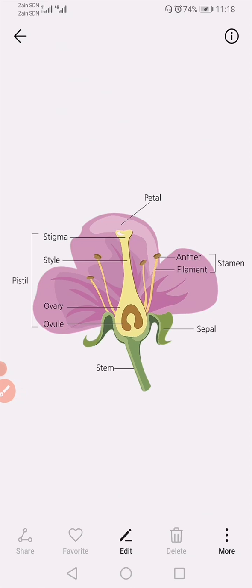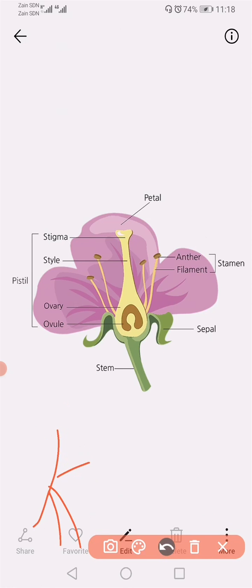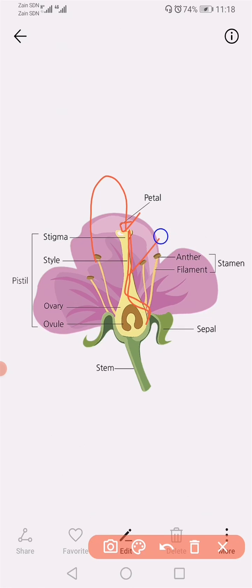After the pollen grain is transferred from the anther to the stigma, there is a tube growing downwards, and this tube is called the pollen tube.